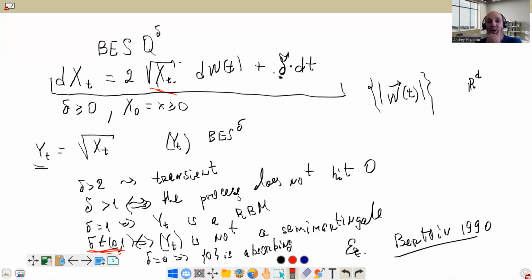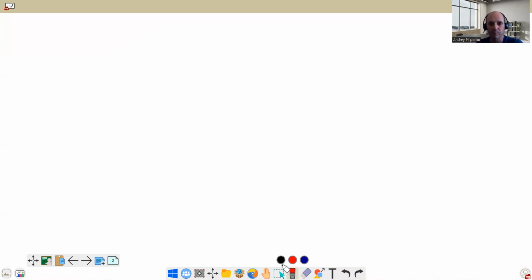Okay, and now let me write down the Ito formula, some equations, some intuition, and then the main result, and then the proof. Well, today I will consider an SDE of the form a dt plus sigma square root of x of t dW of t.